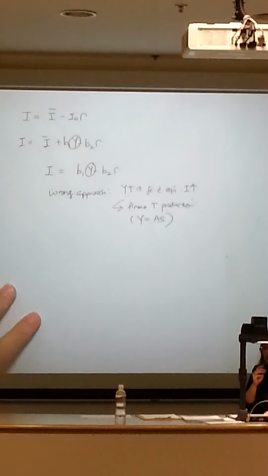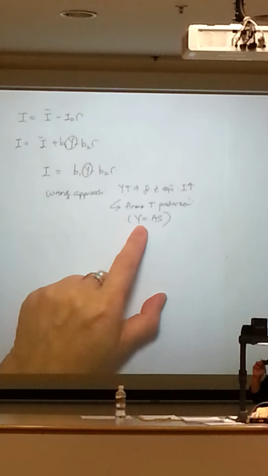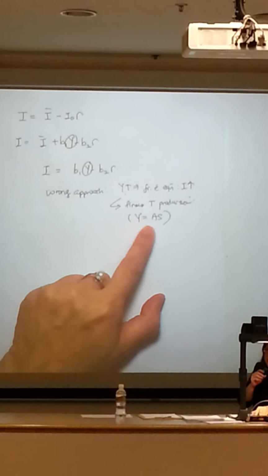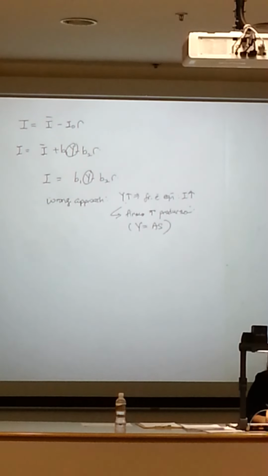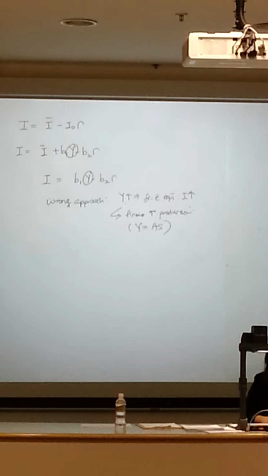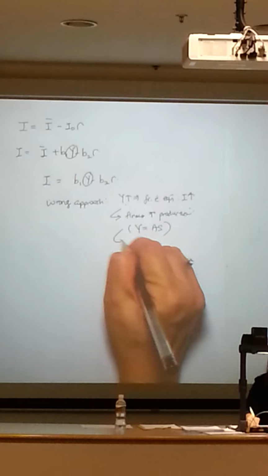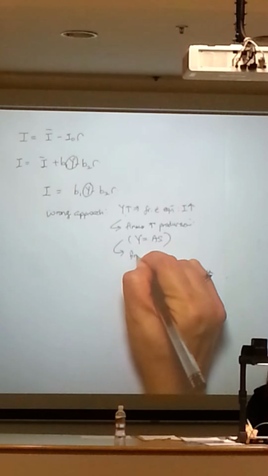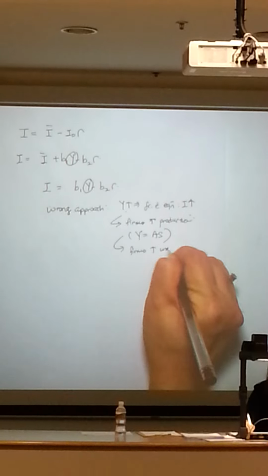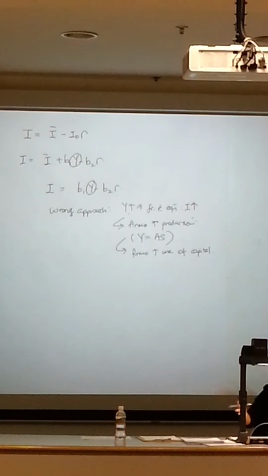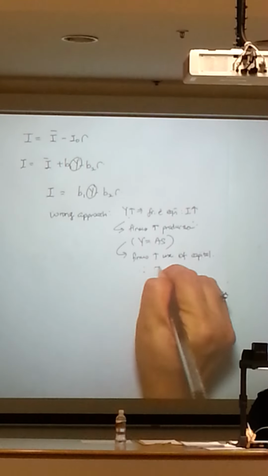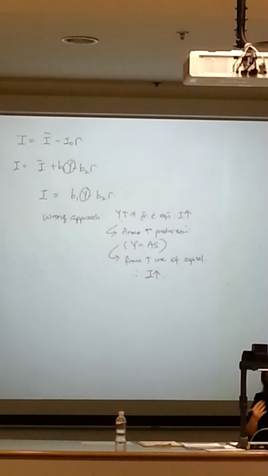That's the meaning of it: income goes up, income is demand, supply, which is aggregate supply, goes up. Firms increase production. But that is still not investment. And to increase production, firms will increase the use of capital. You need more equipment and machines. And therefore, investment goes up.